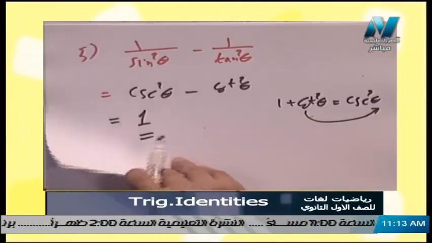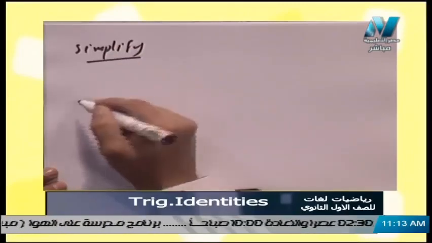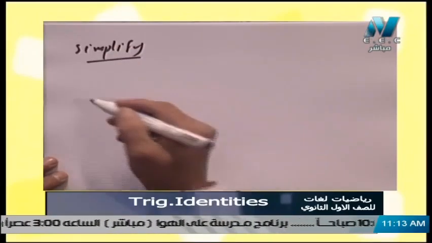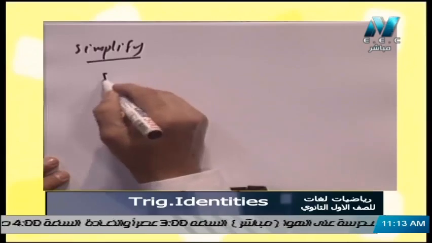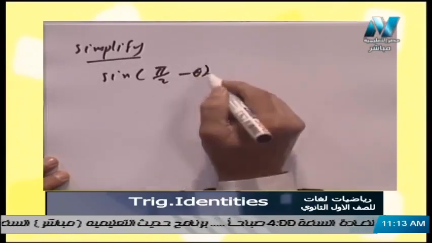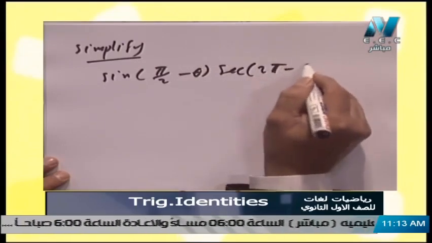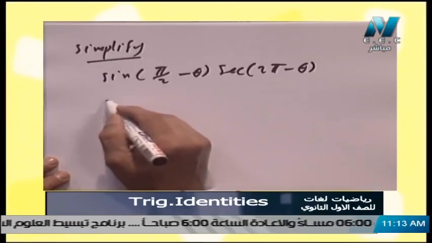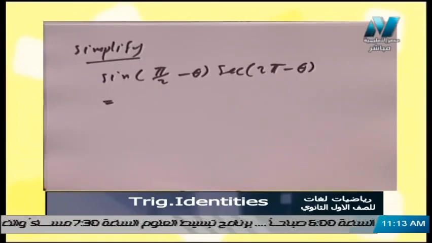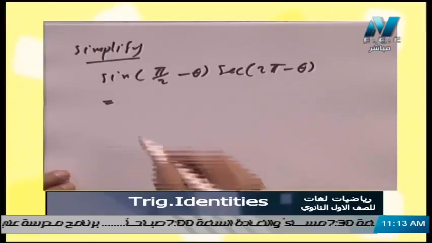Let's go to another example to simplify: sine of pi over 2 minus theta times sec of 2 pi minus theta. We know that sine of pi over 2 minus theta directly equals cosine theta.